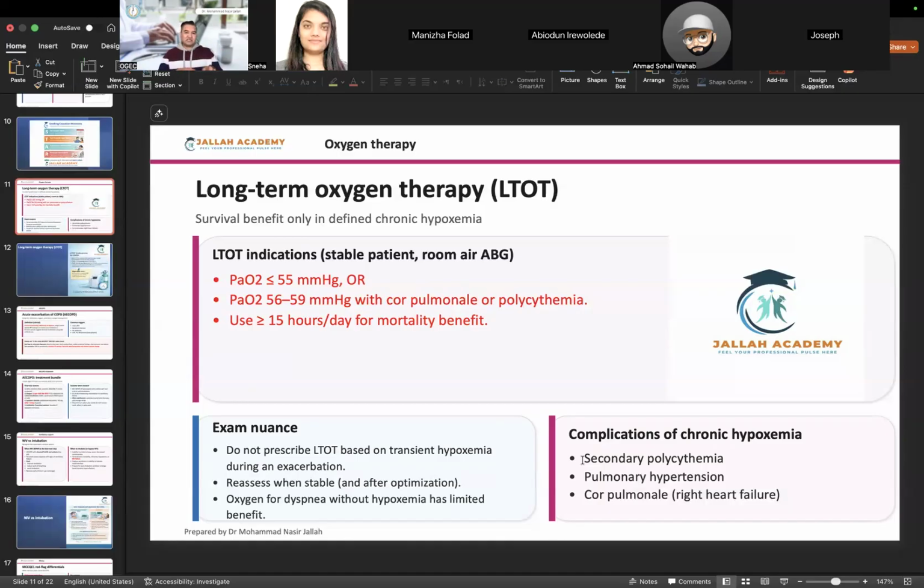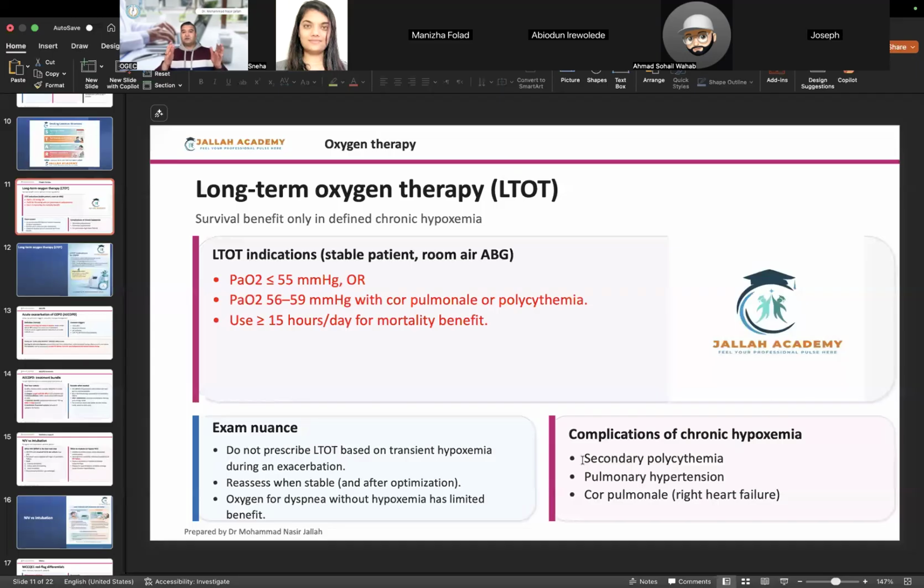And when it comes to COPD specifically, we are not going to be very aggressive in terms of oxygen therapy. Why? Because if you go really crazy about oxygen therapy, then you cause CO2 retention, or poisoning, we call it hypercapnic respiratory failure, right?